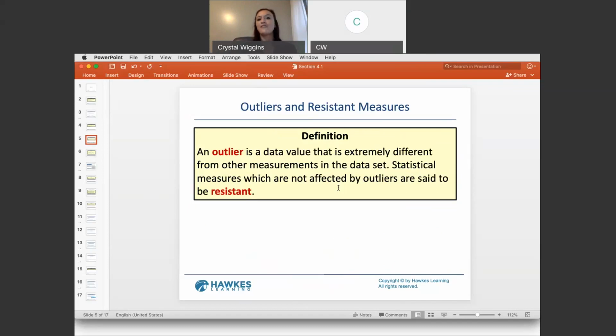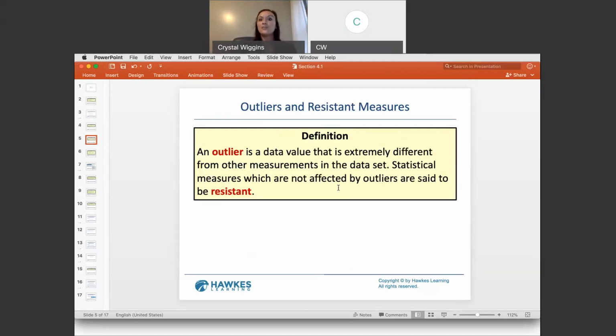If I have 20 values in the 70s and one 100, and now I'm saying the average is 80, 81, 82, depending on how many 70s there were, then I'm really deceiving the person reading that statistic, because it makes it seem like the students actually overall did better than what they did. There was only one person who did in the A range, and everybody else is in the C range.